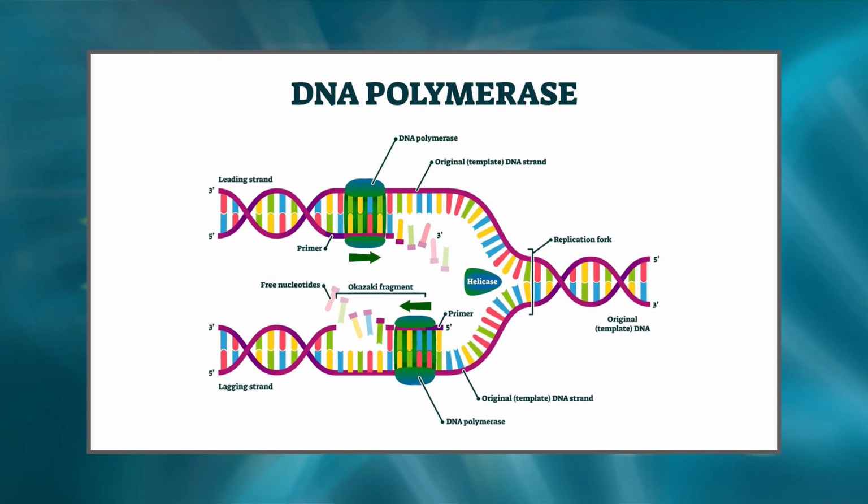DNA polymerase can only add nucleotides at pre-existing 3-hydroxyl groups, which are thus provided by the primers. As we can see, primers are short stretches of RNA, but replication is of DNA. So after elongation of the chains of nucleotides, these primers are replaced by DNA.